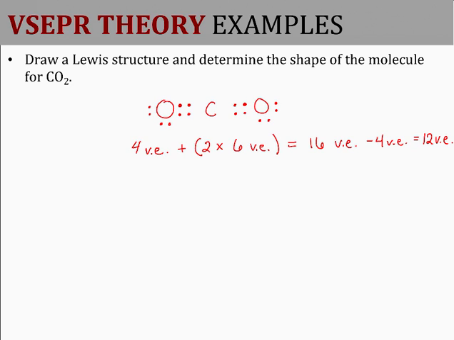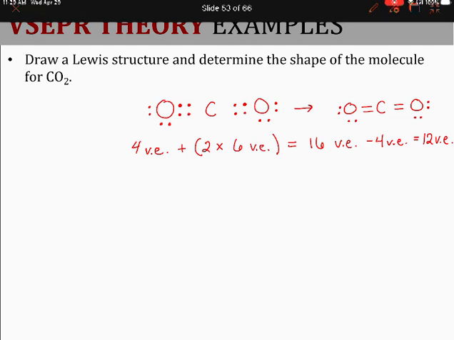They're just sharing more of their electrons with carbon. Now we can draw this as double bonds. So we'll have 2 lines there, which each represent 2 electrons. And that will be our Lewis structure for CO2.